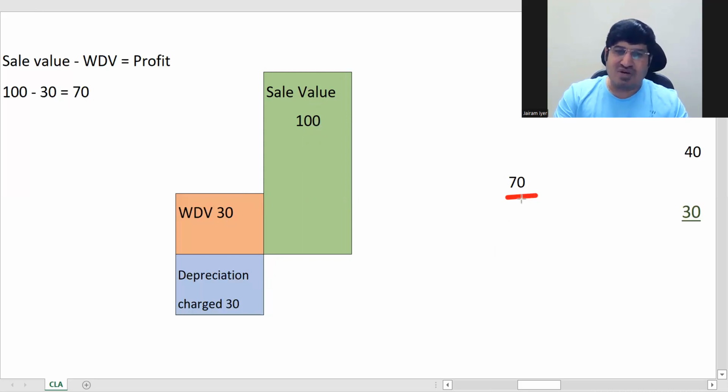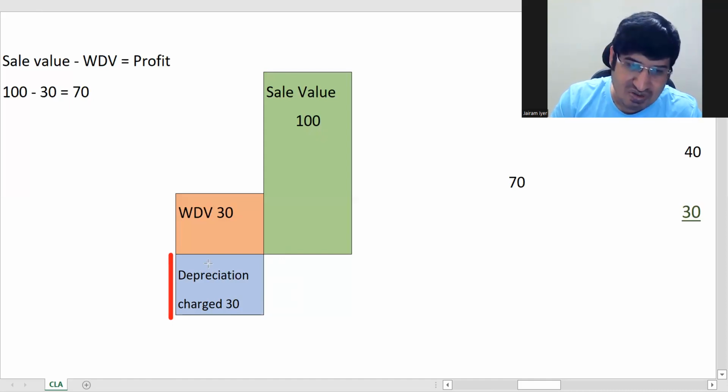But here, under PGBP, we have already given him some deductions. So when he is getting more profit, that much benefit goes to the PGBP section, because this deduction was given, as normally business taxation yields you a higher value.